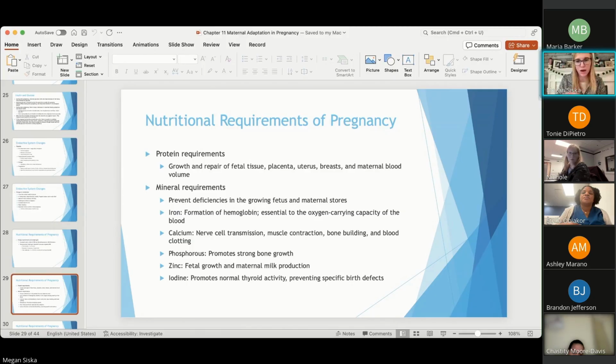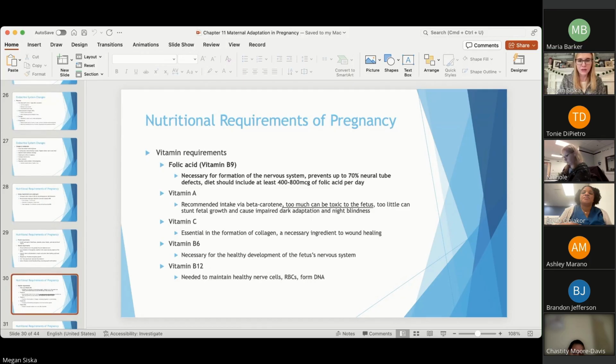Most people just don't have a well-rounded diet, but we need iron for formation of hemoglobin, and we need calcium for nerve cell transmission and muscle contraction, bone building and blood clotting, phosphorus, zinc, iodine. All of these things have a purpose, and they could all be found in a multivitamin or a prenatal vitamin.